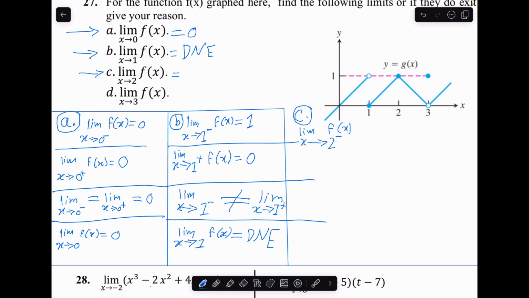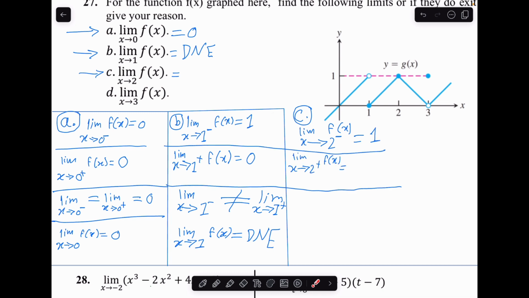We have question C, limit when x is approaching 2 of f of x equals. Limit when x is approaching 2 from the left, f of x equals. This is the point of y equal 2. Limit when x is approaching 2 from the left, f of x is equal to 1.